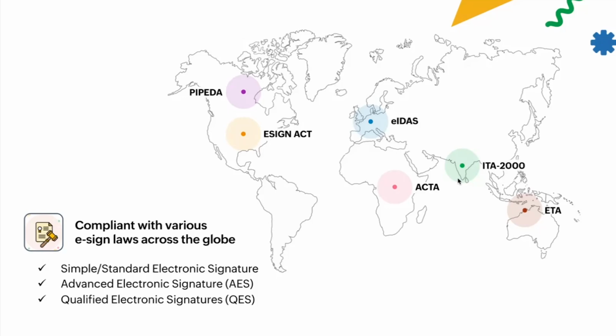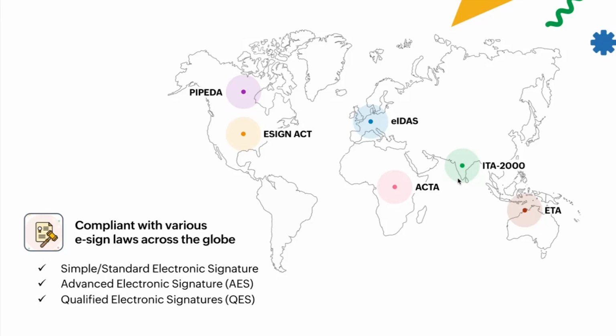And now we have a clearer picture as to how e-signatures are perceived by different courts and legal authorities, and we can now confidently say that a lot of the technology that is there does comply with the different tiers or levels of signature that is required by authorities.